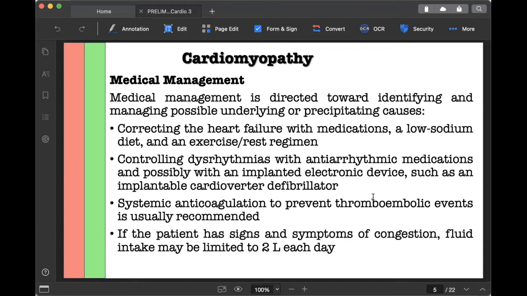A systemic anticoagulant to prevent thromboembolic events is usually recommended. As we all know, the cardiac muscle has been altered, and the flow of blood is sometimes impossible to penetrate, or the movement is very slow.